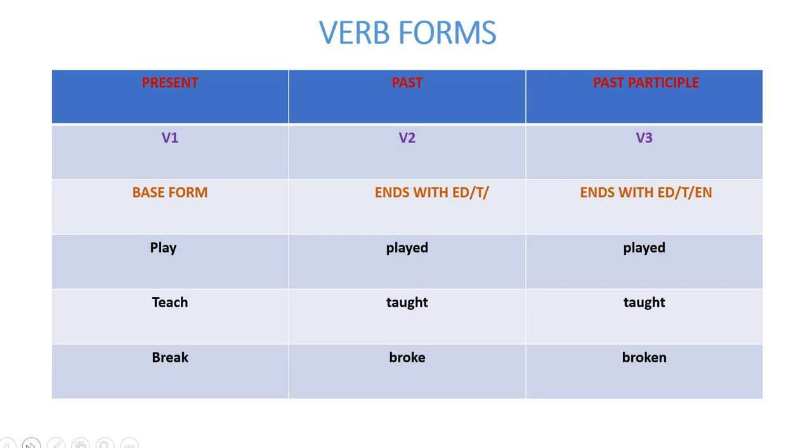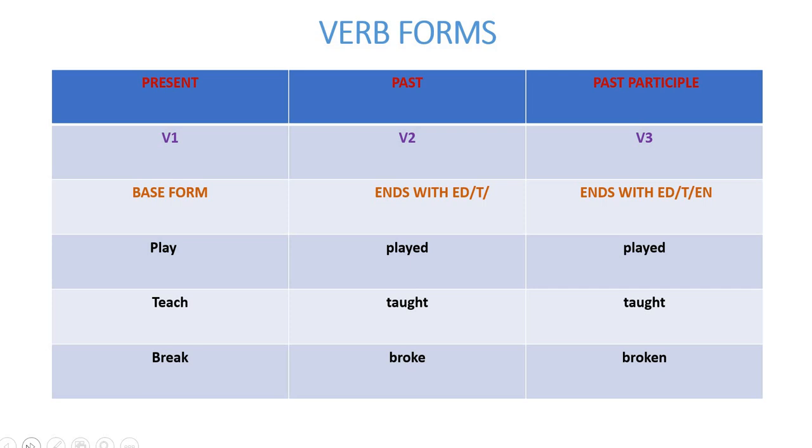Now take the word play. Play in itself is a regular verb that ends with ed. So that is why in past tense it is played, in past participle form it is played. Take the second word teach. It is an irregular verb. That is why it ends with t.